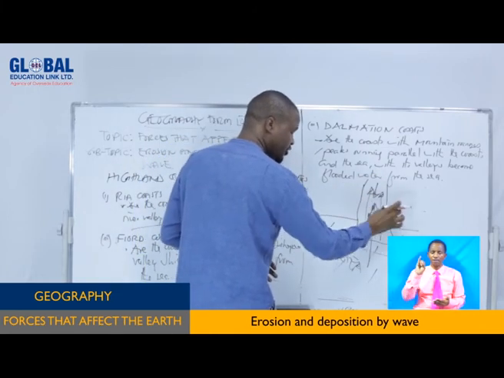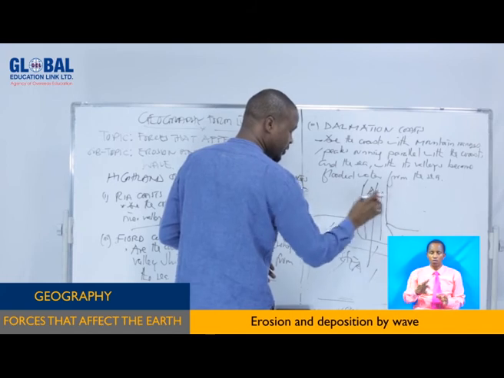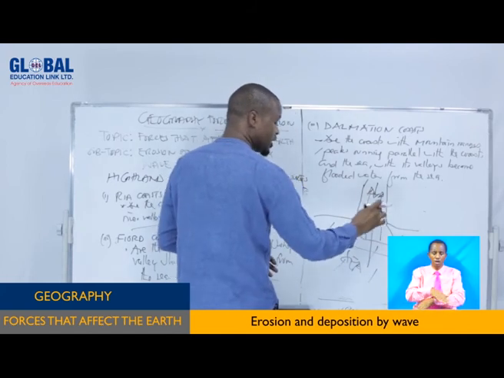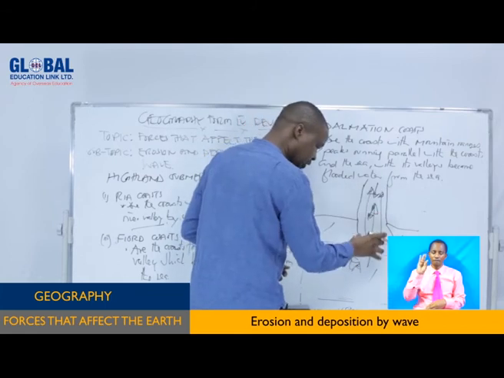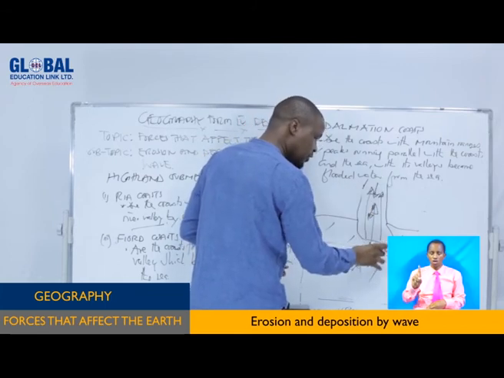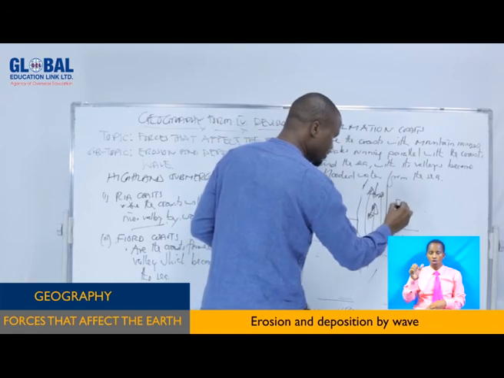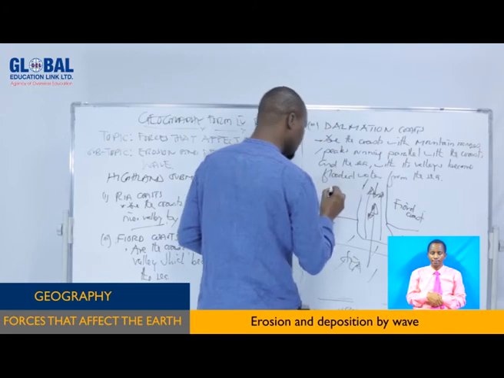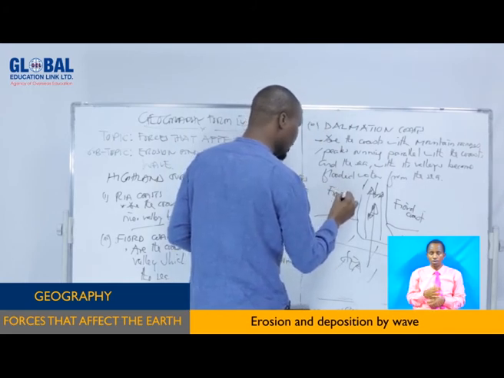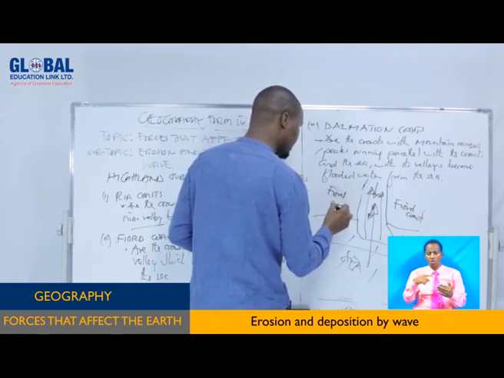This type of land which borders the sea, we call it coast. Automatically, because it occurred at the fjord, and this point right here is the fjord, we will call this type of coast the fjord coast. Why? Because they occurred at the fjord.